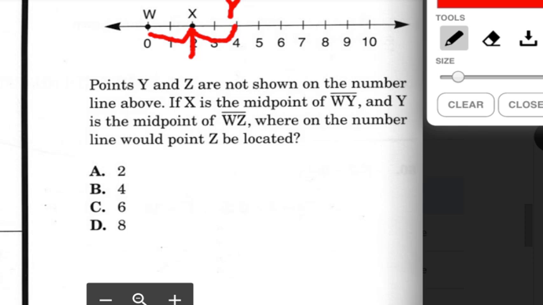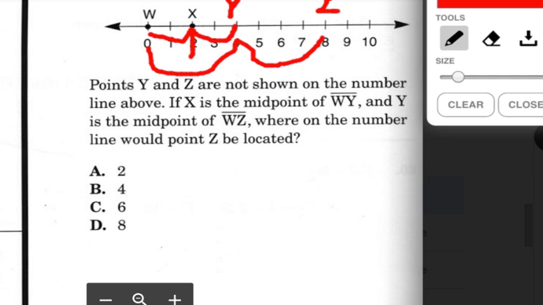So we have a second consideration there. So if Y is indeed 4, then it's the same kind of problem. If it's 4 units to here, it's going to be another 4 units to Z. Okay. So that implies the answer is 8.